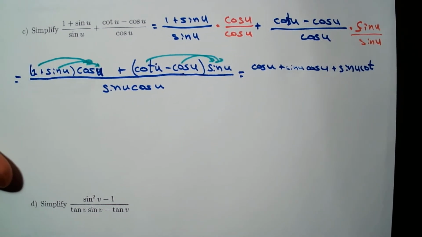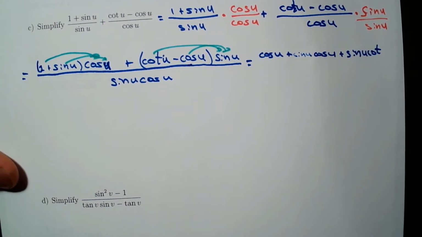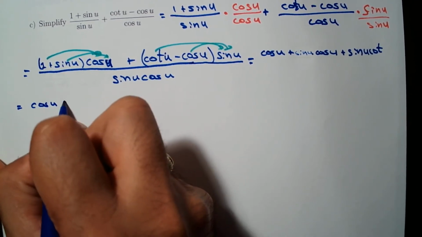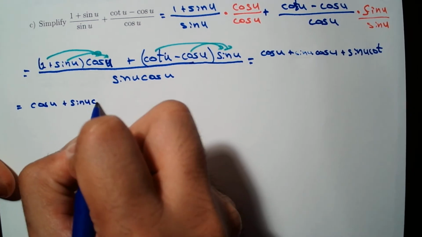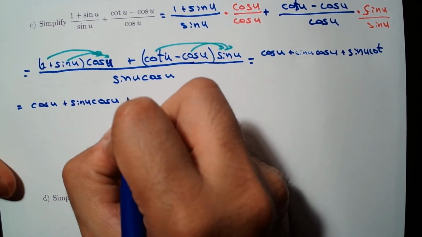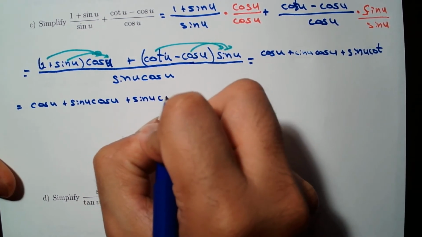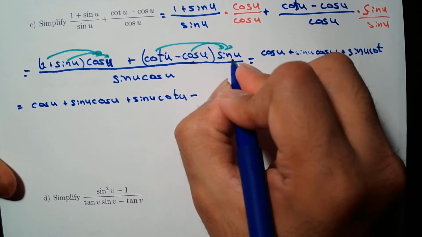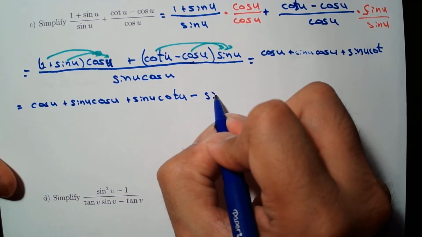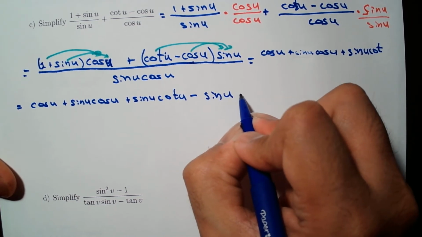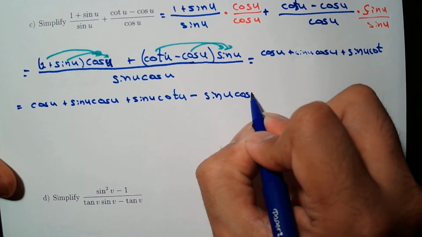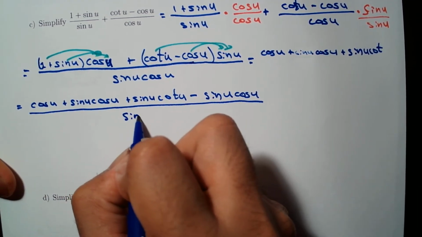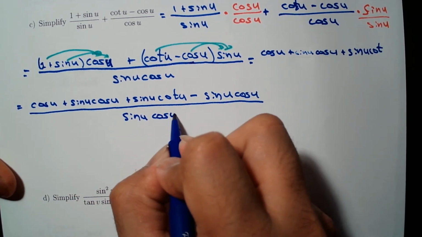I'm going to run out of space here, I'd better write it over here. So cosine u plus sine u cosine u plus sine u cotangent u, and minus cosine u sine u. Well, we write sine first. It doesn't matter. And then the whole thing divided by sine u cosine u.